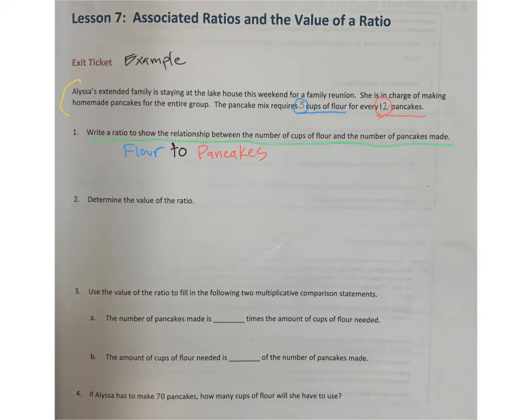And then we can abbreviate that F to P, or flour to pancakes, and then we can plug in our values. 3 and 12. And then we're done. We have written a ratio to show the relationship between the number of cups of flour and the number of pancakes made.